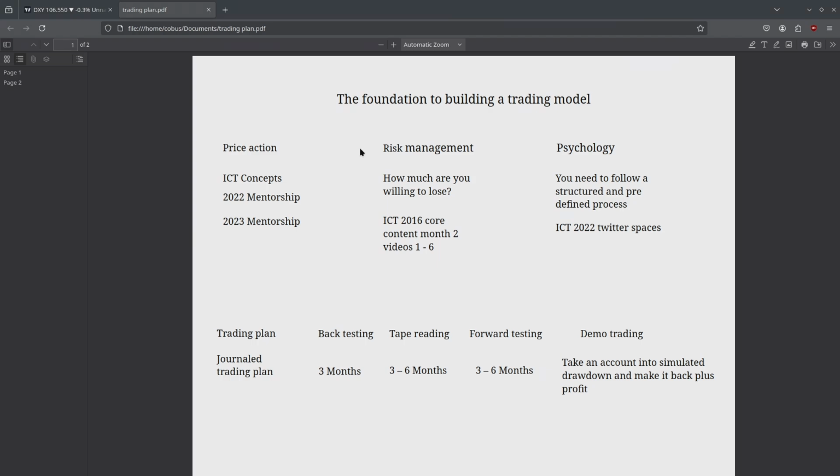So, this can either be a dollar amount or this can be a percentage amount of the total account value. Whatever you are comfortable with. And it's going to depend on how you approach it.